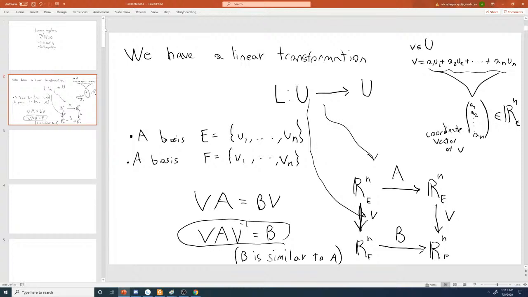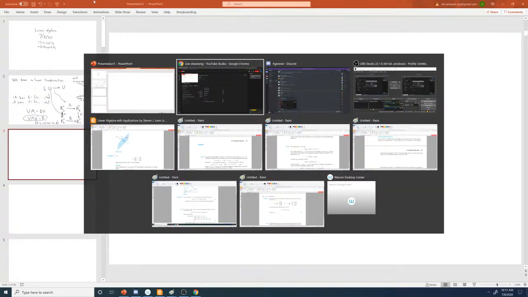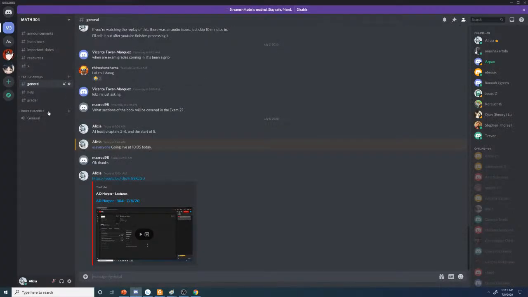You find your V, and then you multiply V on the left and V inverse on the right on A, and that gives you B. That is the process of computing B. I want to do one more example today of how this goes, because you will be doing a lot of these computations in the near future.